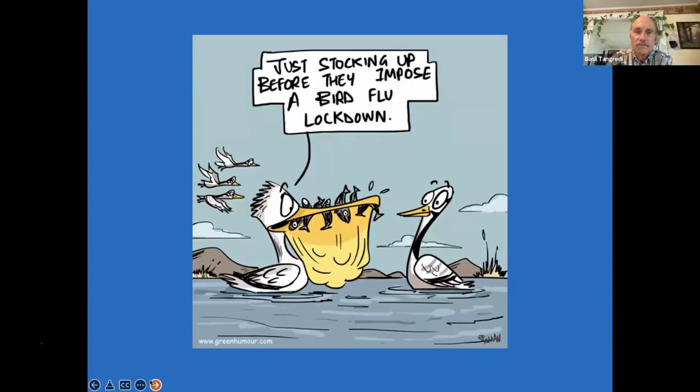Excellent. How severely is this affecting migrating raptors, eagles, corvids? I have seen no statistics. We do know that the eagles are susceptible. They certainly have been ending up in rehab situations.